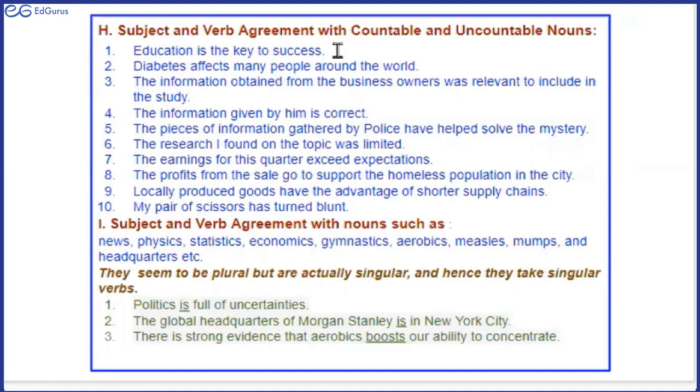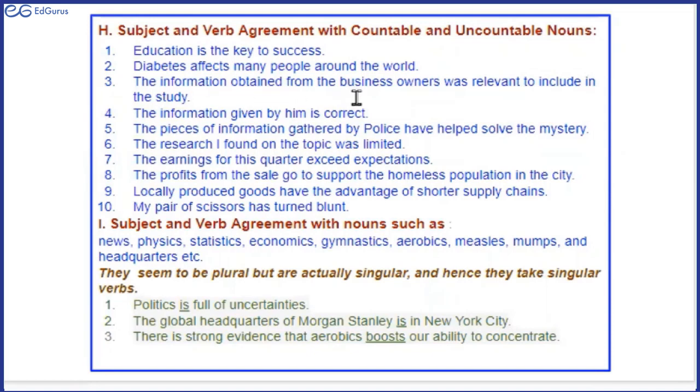So diabetes becomes a singular subject because it is the name of a disease, right? So here a singular verb will be used, that is affects. Clear? The information obtained from the business owners was relevant to include in the study.